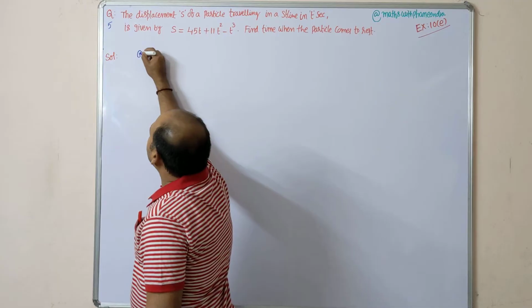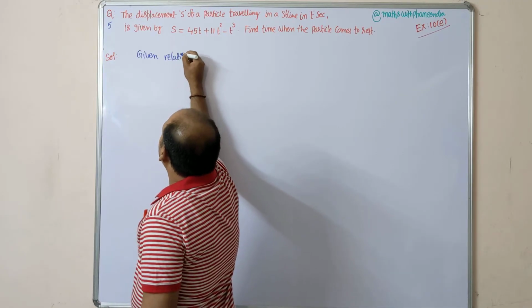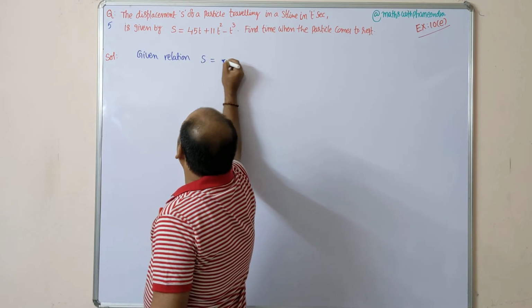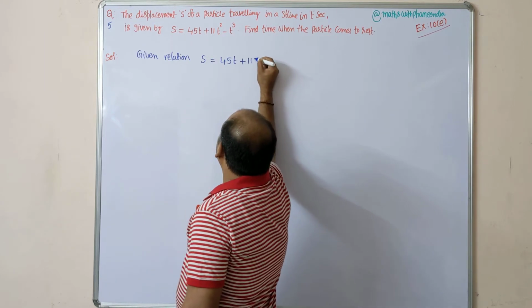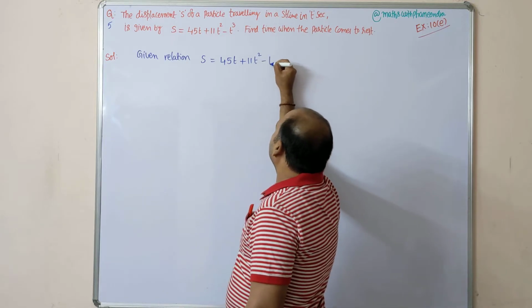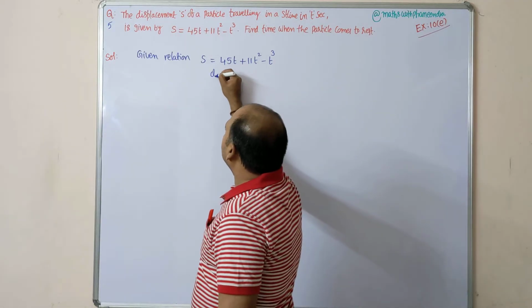First, given relation, s is equal to 45t plus 11t square minus t cube. Differentiate with respect to t.